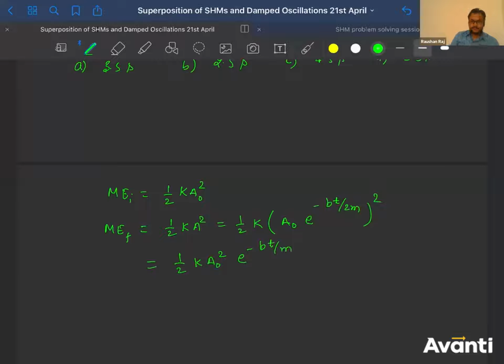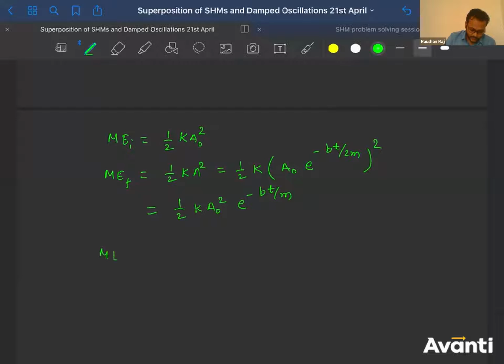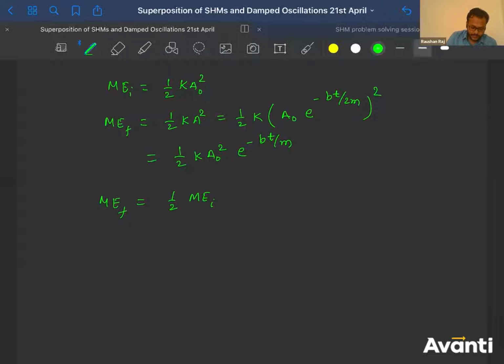Correct? And the question asks to find the time taken by the oscillator so that the mechanical energy will become half of the initial value. So mechanical energy final will be equal to half of the mechanical energy initial. Let us put the values. Half into K into A naught square e to the power minus bt by m is equal to half into half of K into A naught square, right?